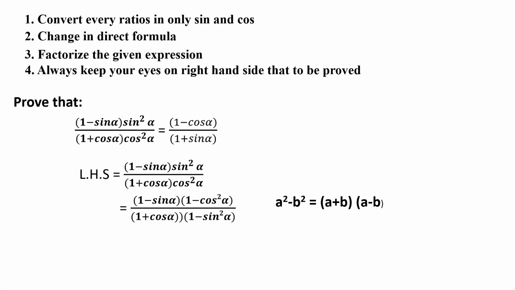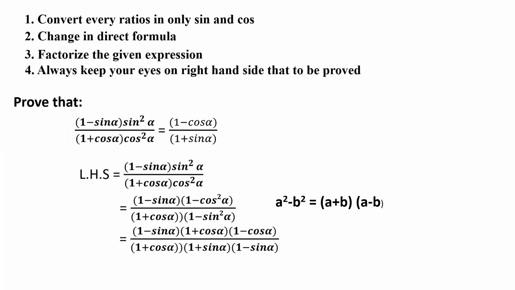So if you consider 1 as 1 square and cos square alpha, then that is a square minus b square, where 1 is a and cos alpha is b. Similarly, in the denominator, 1 is a and sine alpha is b. Now we can use the a square minus b square form like this. 1 minus sine alpha times, okay, 1 minus cos square alpha is 1 plus cos alpha times 1 minus cos alpha.